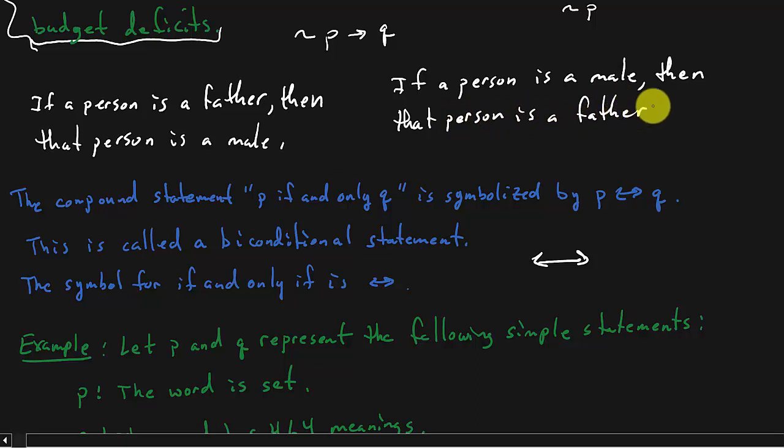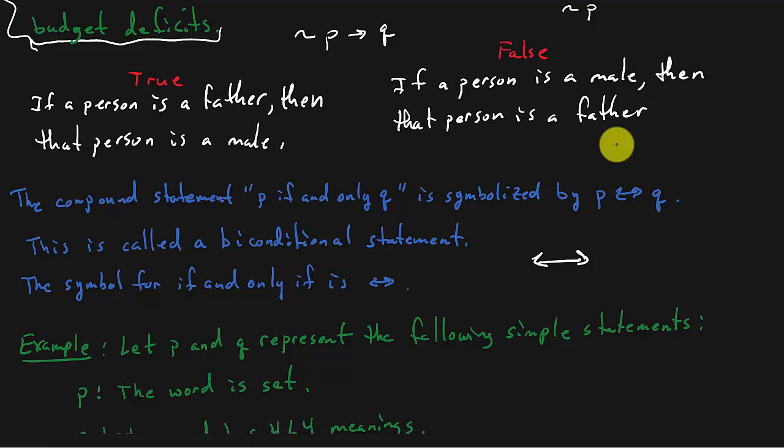Okay, so while this statement over here would be true, this one over here is false. If a person is a father, then that person is a male. That would be true. If a person is a male, then that person is a father. That's not necessarily true. A person can be a male but not have any kids, so they're not a father.